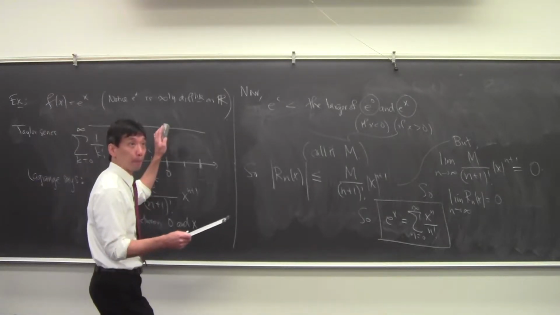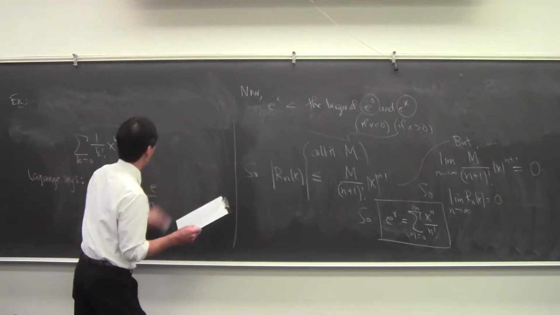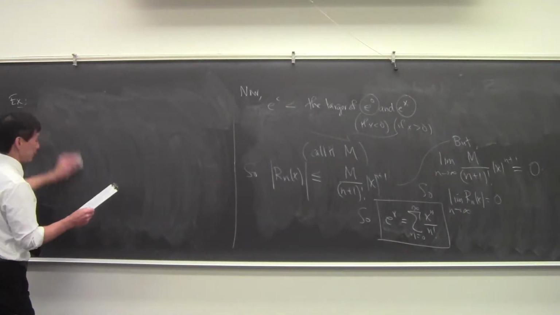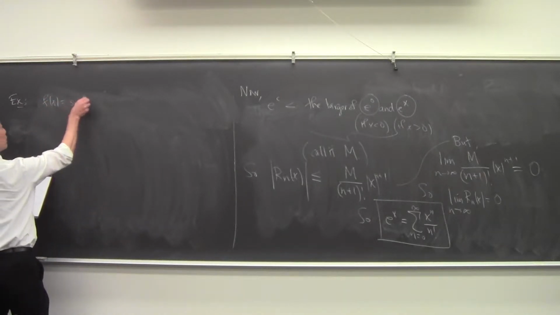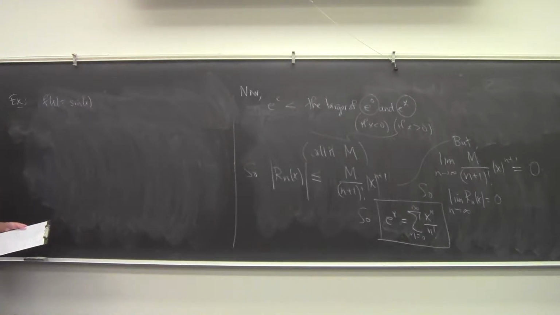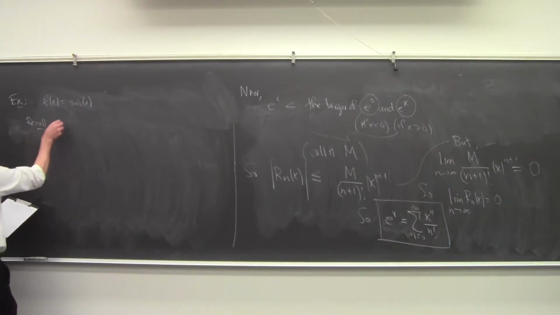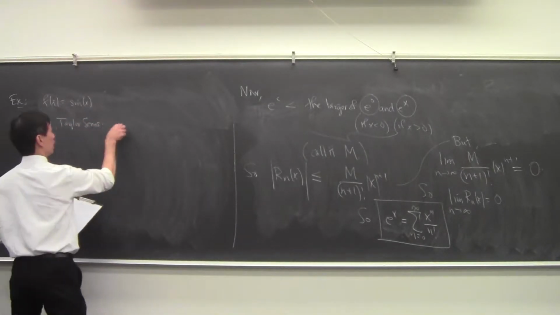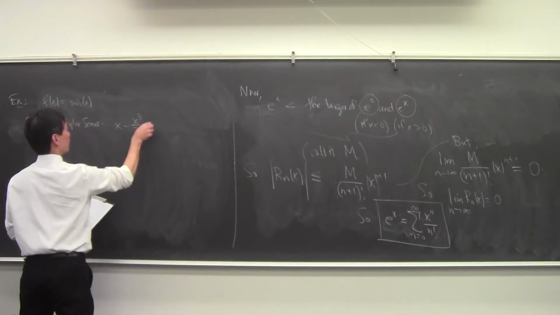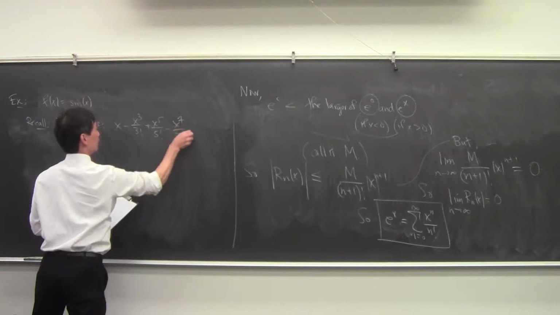Maybe let's do another example. So maybe this example is simpler. f of x is sine of x. Recall that the Taylor series is x minus x cubed over 3 factorial plus x to the 5th over 5 factorial minus x to the 7th over 7 factorial plus et cetera, et cetera.